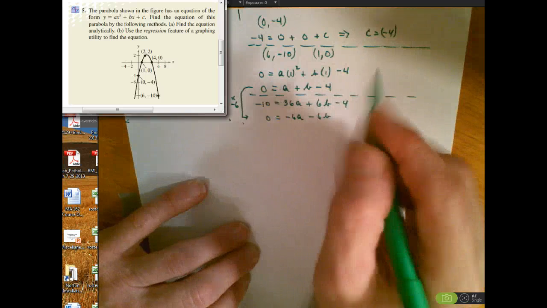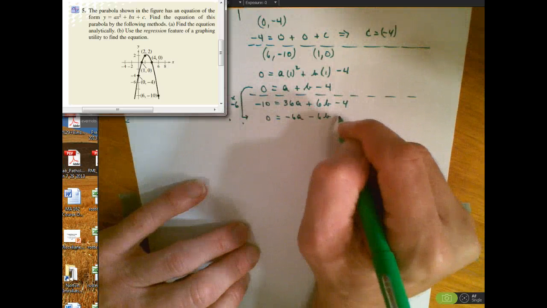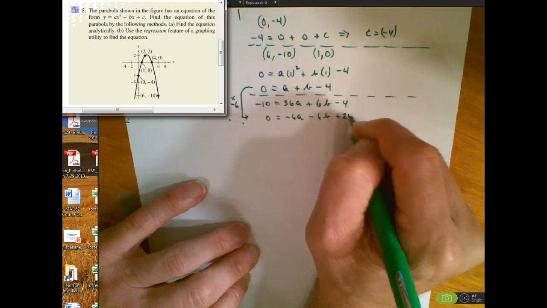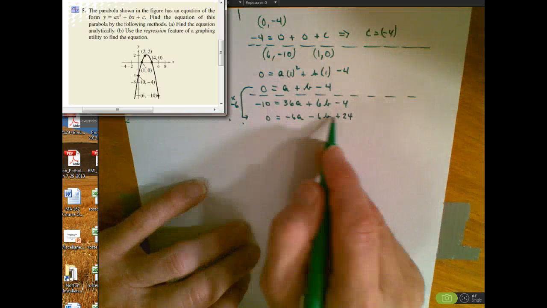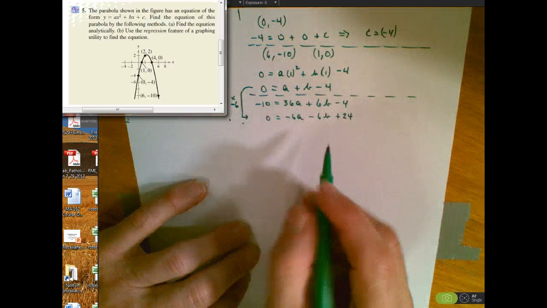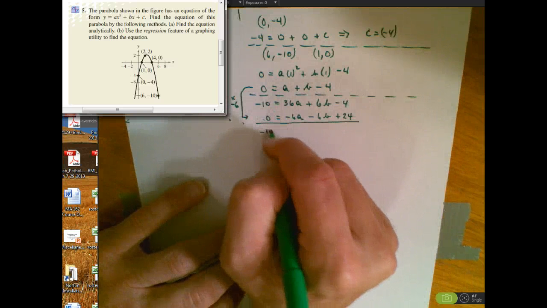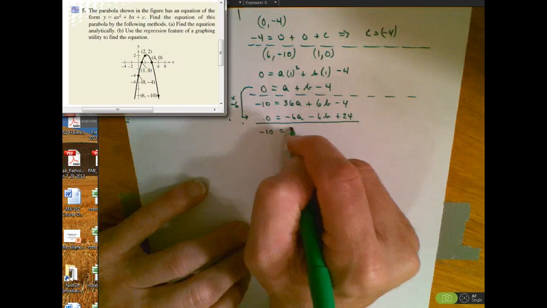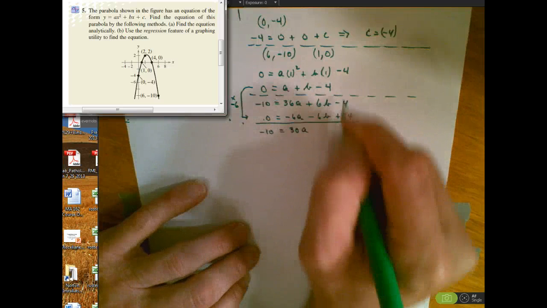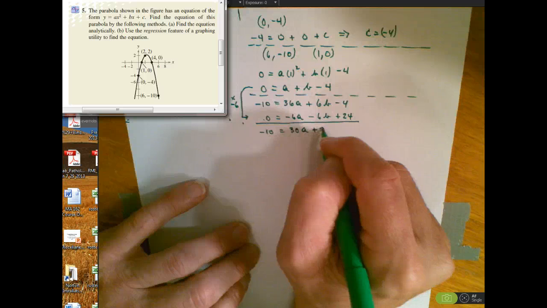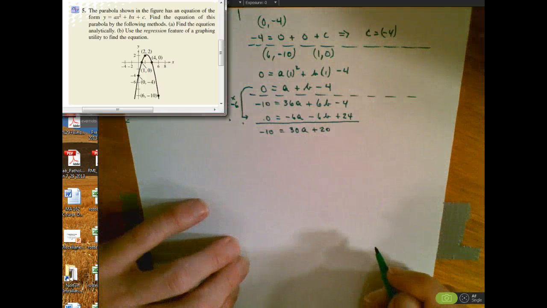And -6 times -4 is a positive 24. Now that I've got it set up to eliminate the b, I can combine these two equations, and I get -10 is equal to 30a plus 20.